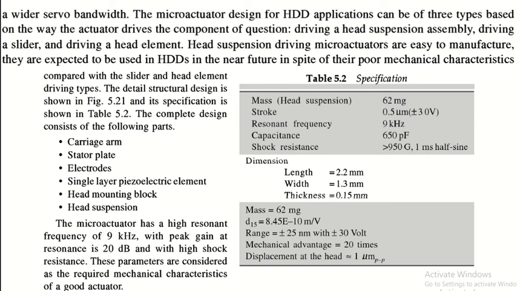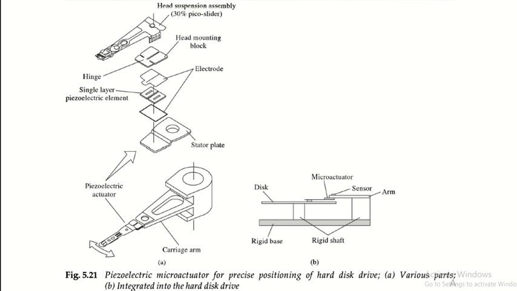Now coming to the structural design, the first component you can see is the head suspension assembly with a 30% pico slider. The second component is the head mounting block, which has a hinge connection that allows the head suspension assembly to rotate.